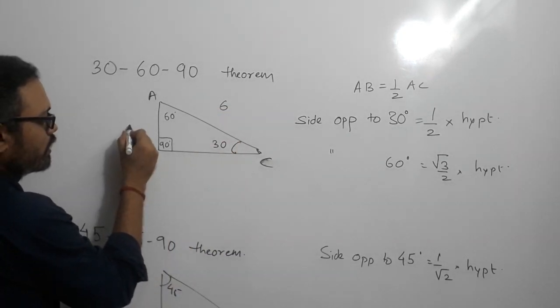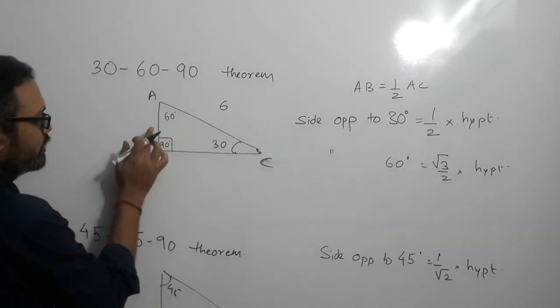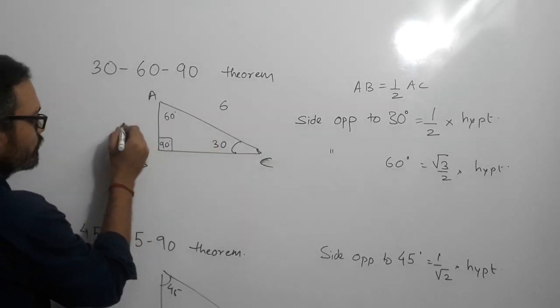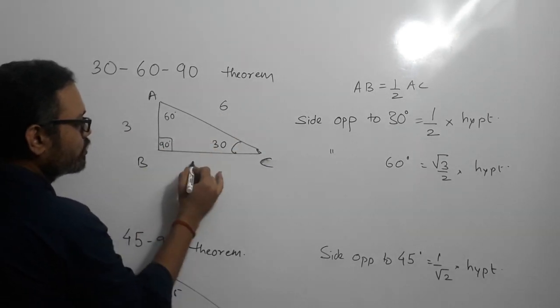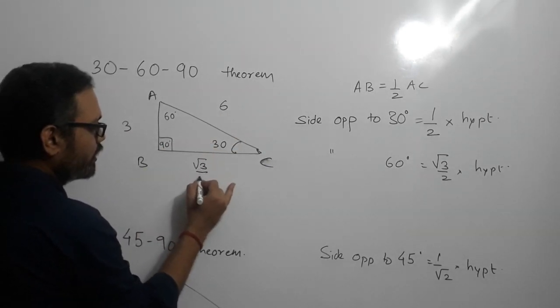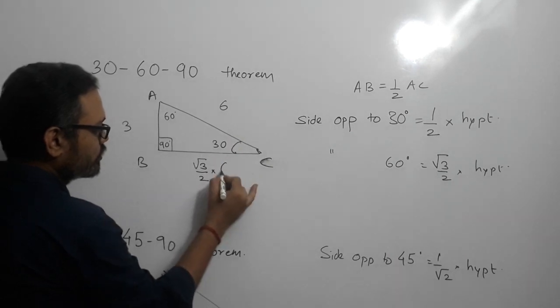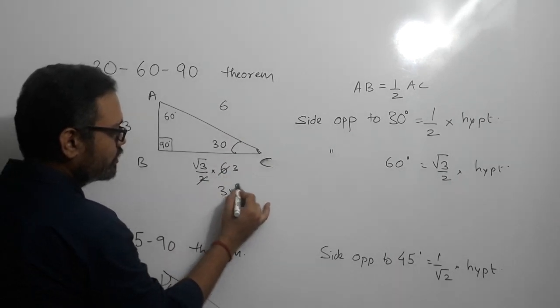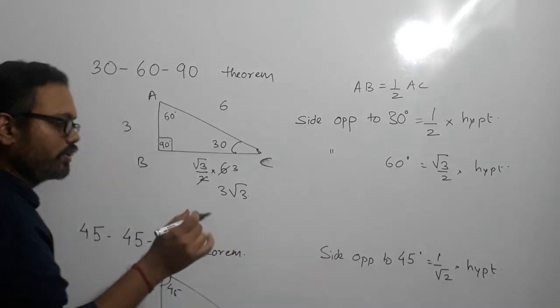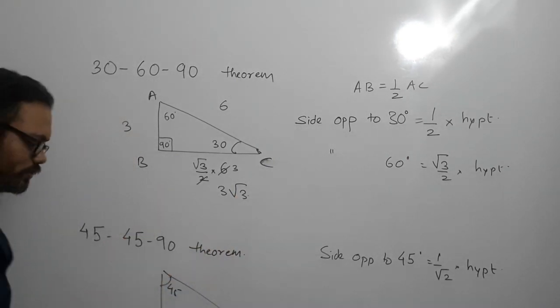This is the side opposite to 30 degrees, so it will be half of this, which is 3. What is the value of this? This will be root 3 by 2 into 6, which is 2 3s are 6. Answer is 3 root 3. Okay, so that's how we solve the questions.